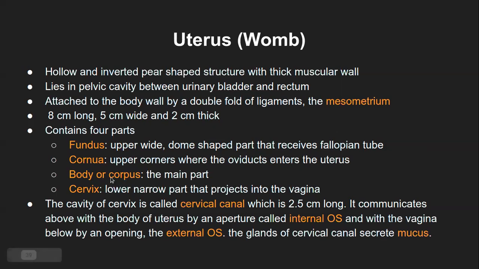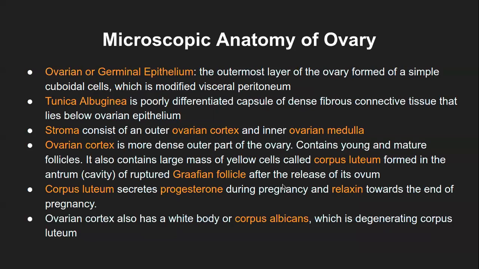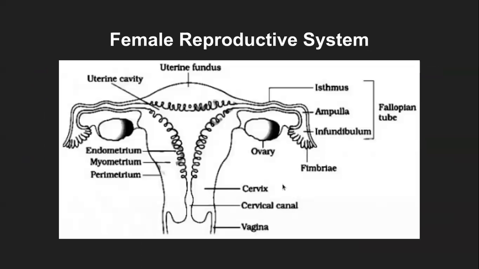Then the body, also known as the corpus of the uterus, is the main inner portion, and then the cervix, which is the lower narrow part that projects into the vagina. So let me show you these things in the diagram. These openings are the cornua, and this upper part is the fundus.